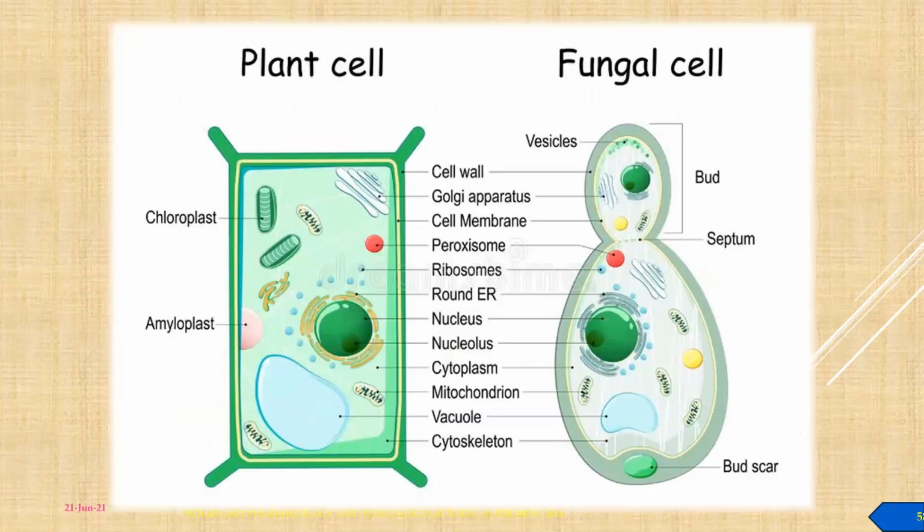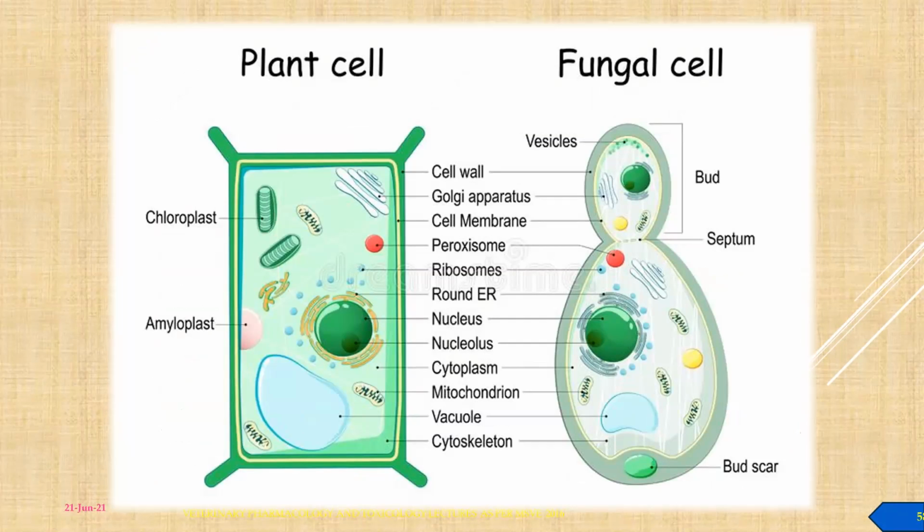Then just to compare the plant cell and the fungal cell, just for your reference: the plant has the chloroplast and amyloplast extra, and all other things are present in the fungal cell.